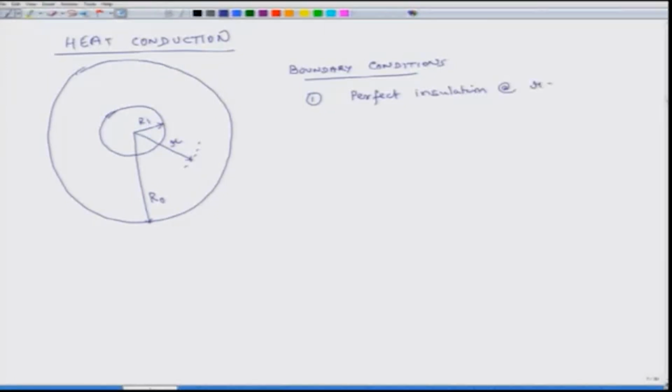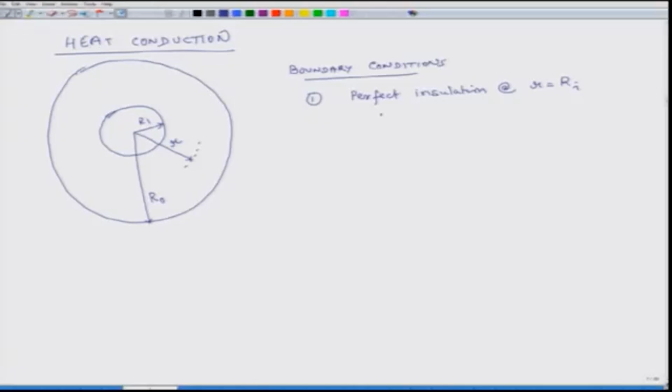At r equals r_i. Okay. So if you have perfect insulation, there is no heat crossing this boundary, either outwards or inwards, at r equal to r_i.